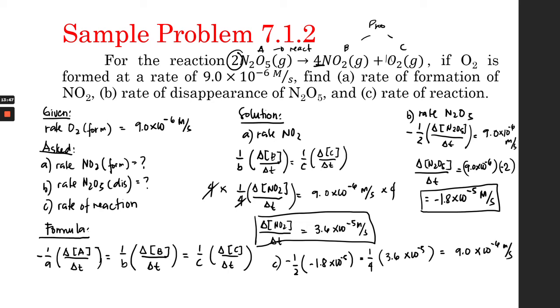So if you solve this equation, all of them will come out to the same value, which is 9.0 times 10 raised to negative 6 molars per second.